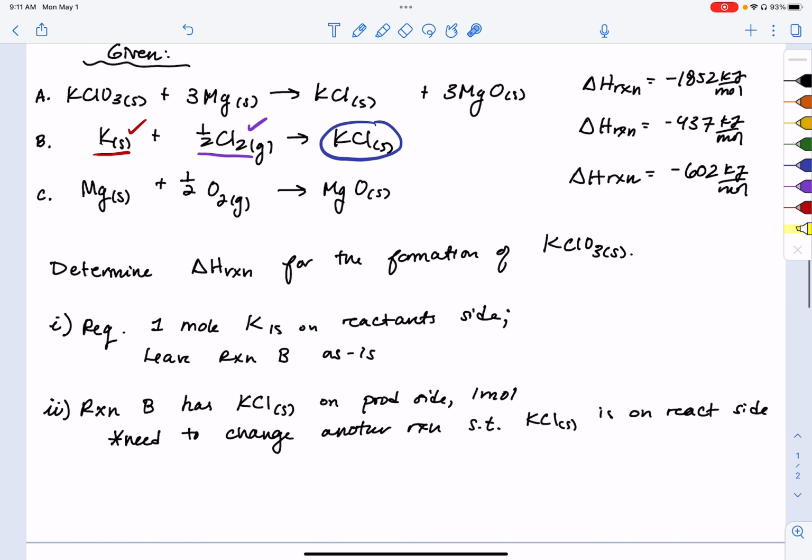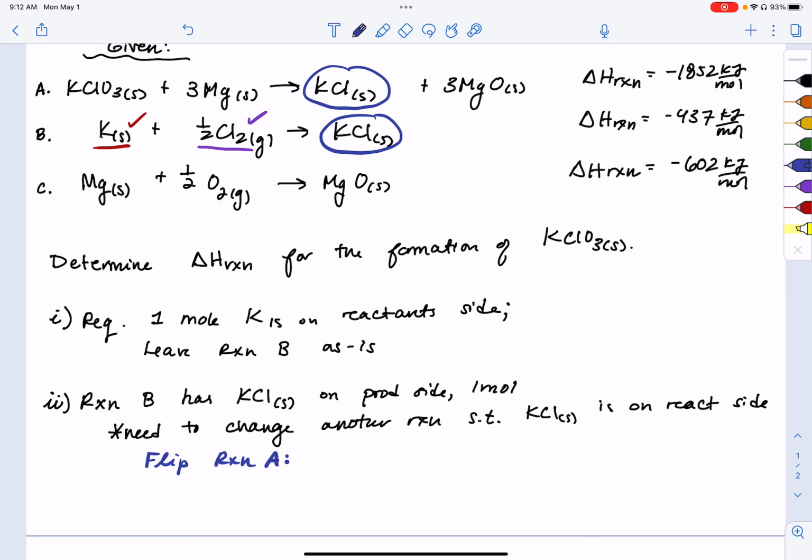So let's look for KCl in our other given reactions. Don't see any potassium chloride in reaction C, so it looks like reaction A is going to be what we're going to need to manipulate in order to get our potassium chloride canceled out. So let's go ahead and flip reaction A, because this will put 1 mole of KCl on the reactant side.